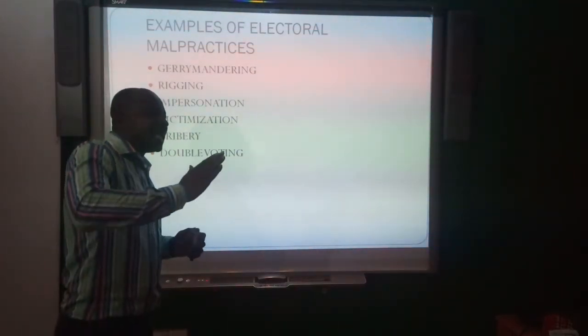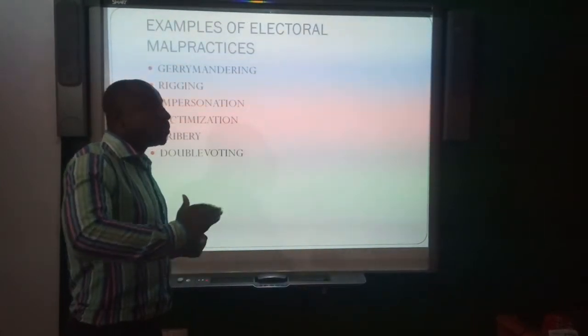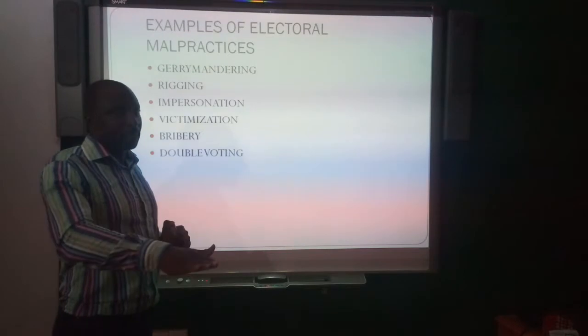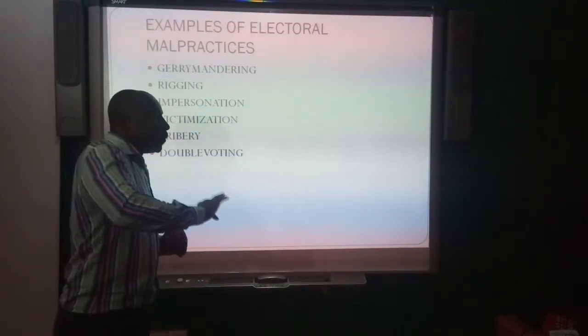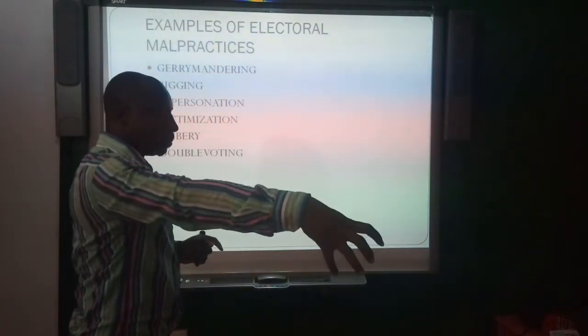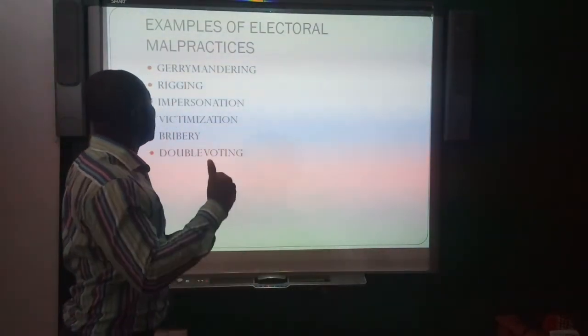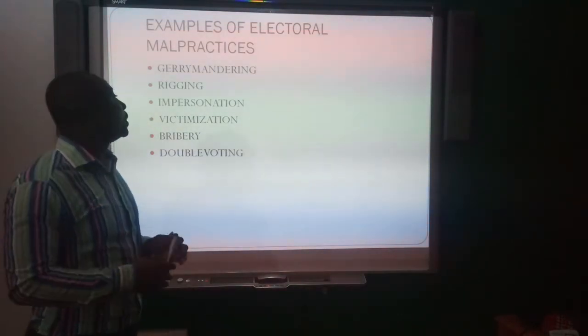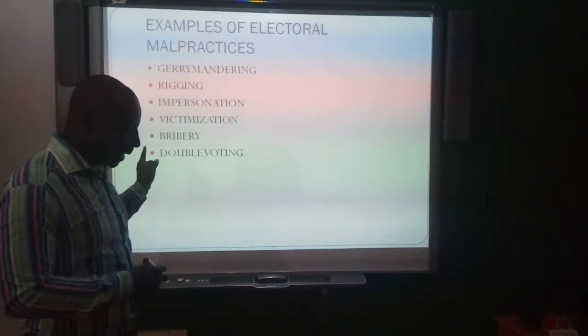The moment I tamper with the numbers in order to get advantage over the other, we say rigging has taken place. One will say they steal, or they add, or they reduce.